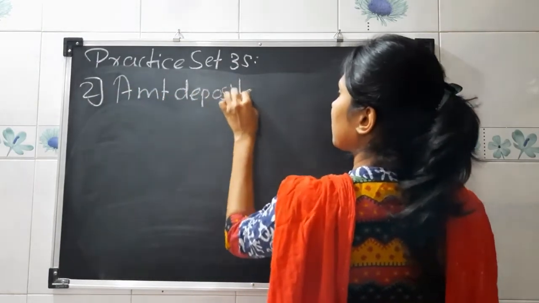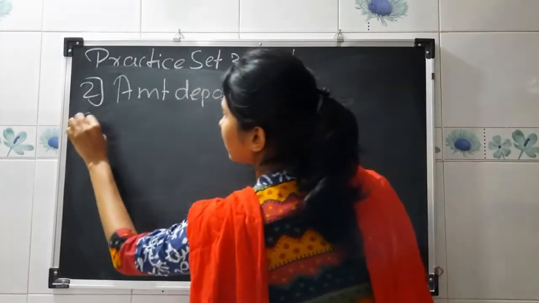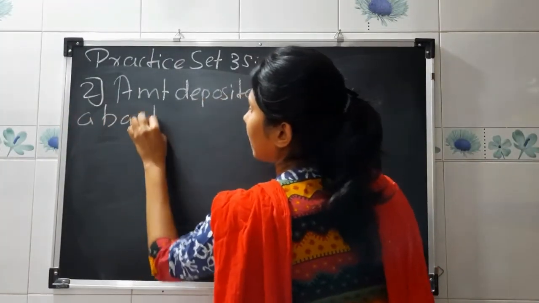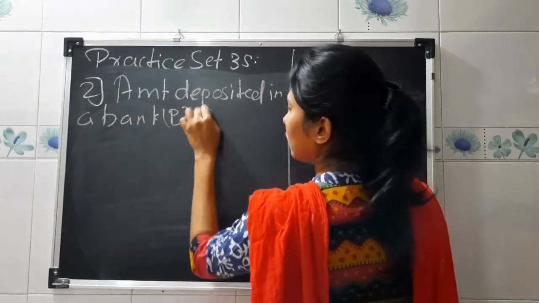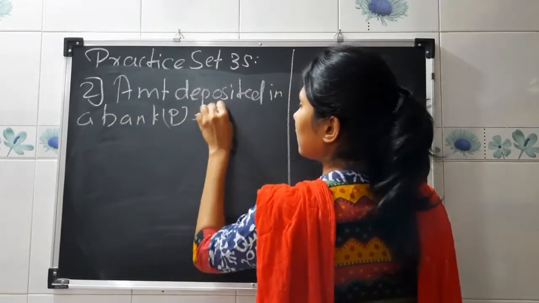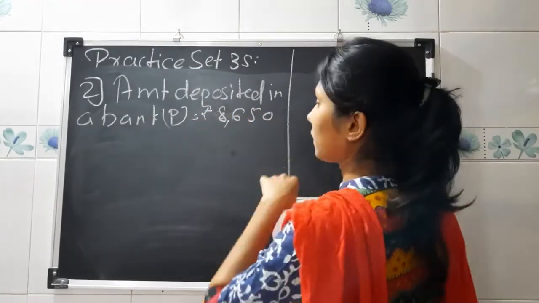So you can write the statement: amount deposited in a bank, that is P, rupees 8,650.